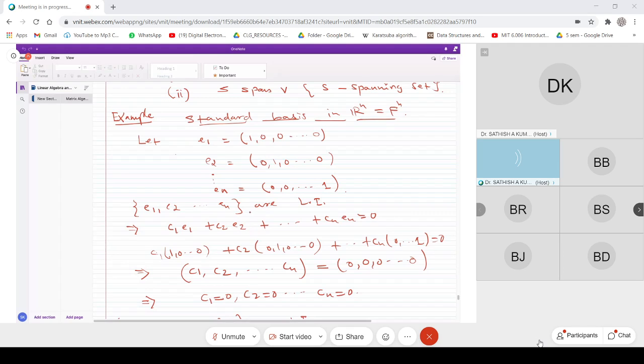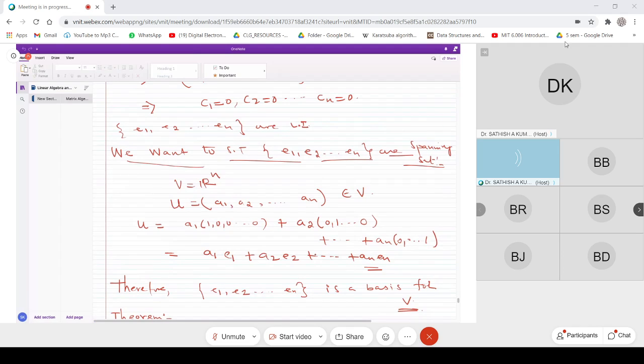Because if you see this combination c1 e1 plus c2 e2 plus etc plus cn en equal to 0, and from this I just multiply everything, then finally we end up with c1, c2, etc., cn equal to 0, 0, 0. So we have c1 equal to 0, c2 equal to 0, etc., cn equal to 0. Therefore it is linearly independent.